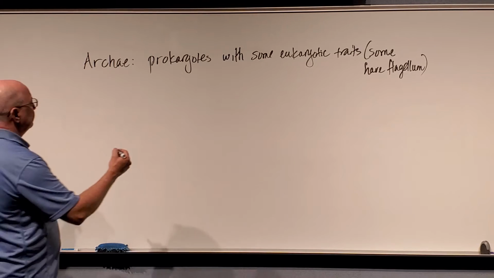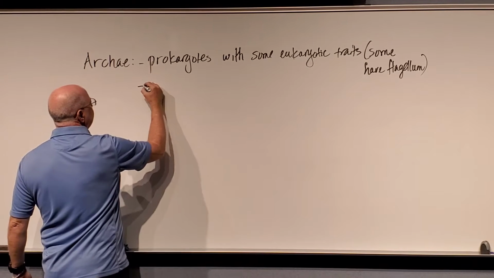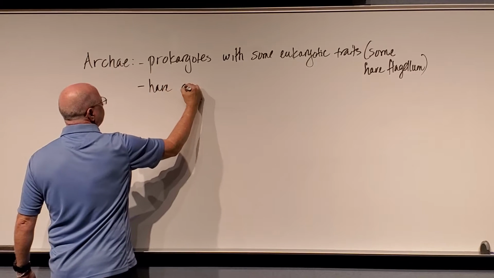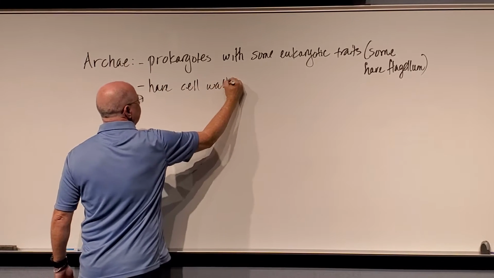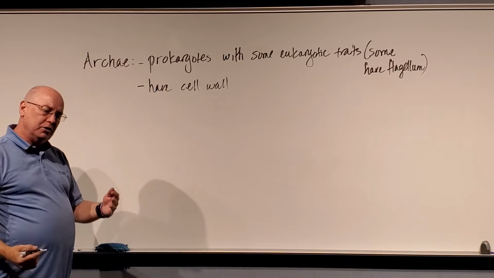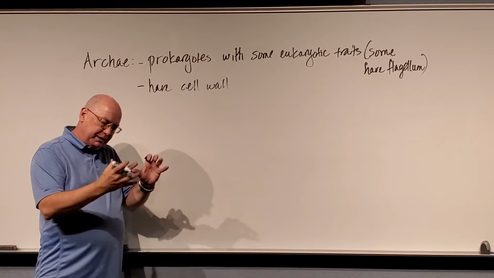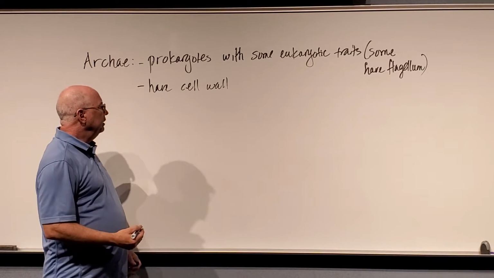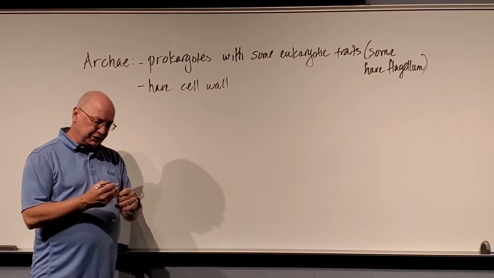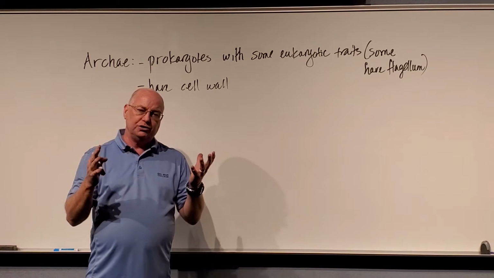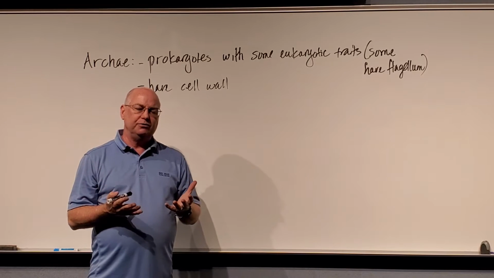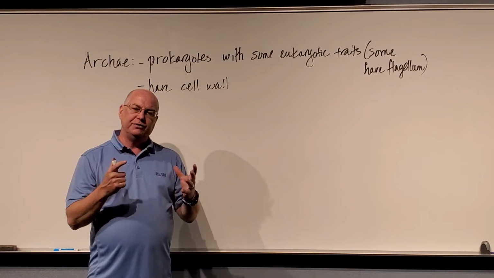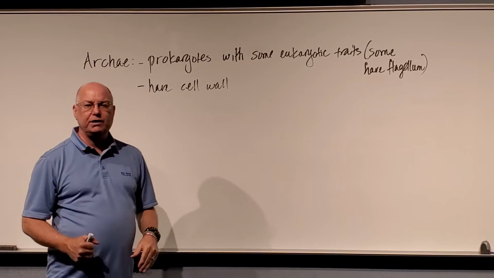Another characteristic that we need to know about the Archaea is that they have a cell wall, okay? So we're going to talk about the difference between a cell membrane, which is a lipid bilayer with complex mixtures of proteins and carbohydrates and cholesterol. And then there's cell walls, and the cell wall is another structure that can exist outside the cell membrane that can be made up of different substances depending on what type of organism it is.